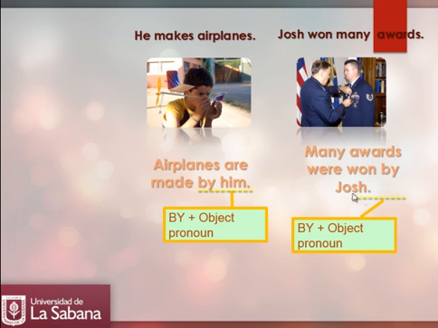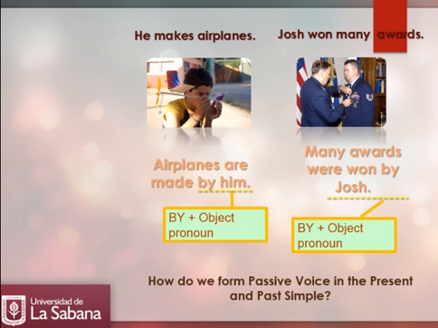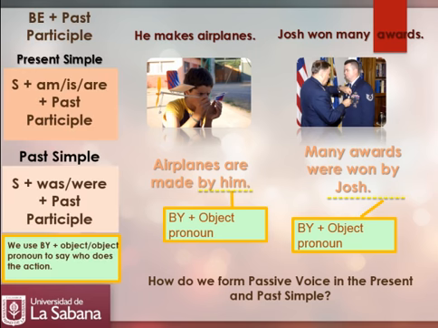Notice that the name and nouns do not change their forms, only pronouns change their forms, but names and nouns, they remain the same. So once again, how do we form passive voice in the present and past simple? We take the main verb, put it in the past participle form, and we add the verb to be before it.